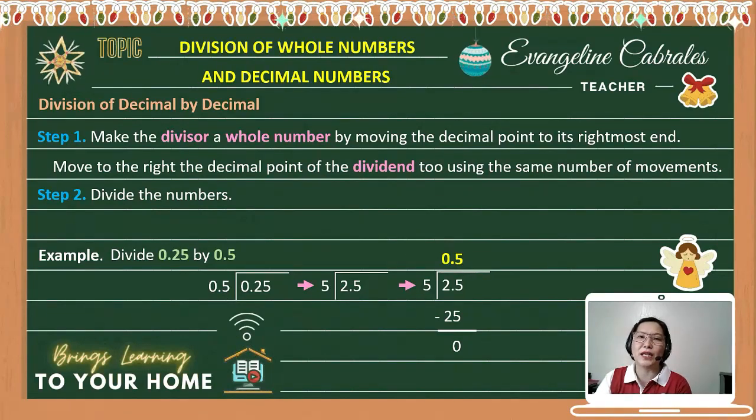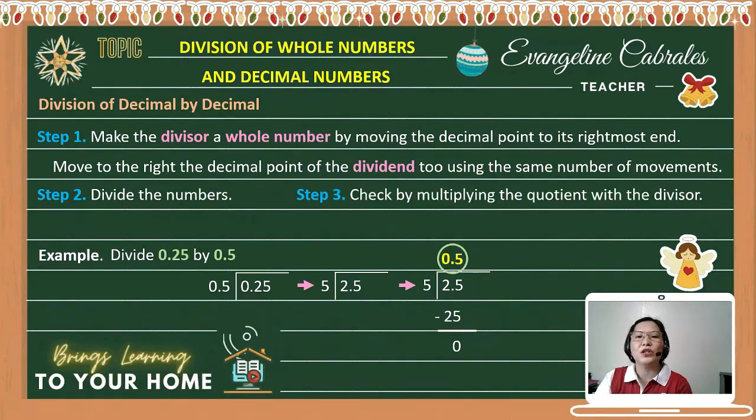So, paano natin malalaman kung tama ang sagot? Of course, we have to check by multiplying the quotient with the divisor. The quotient is 5 tenths and the divisor is 5 tenths. So, 5 tenths times 5 tenths is 25 hundredths, which is equivalent to the dividend.